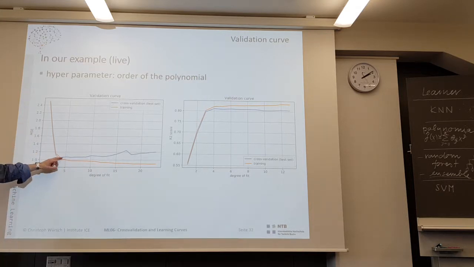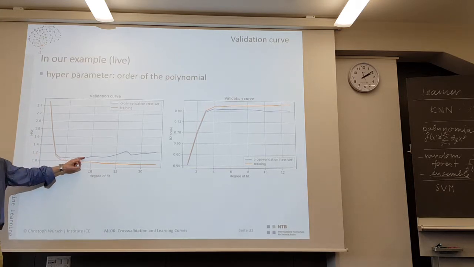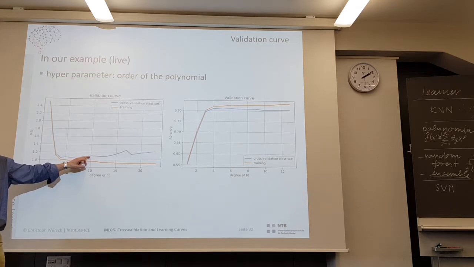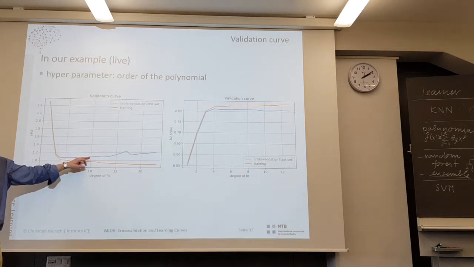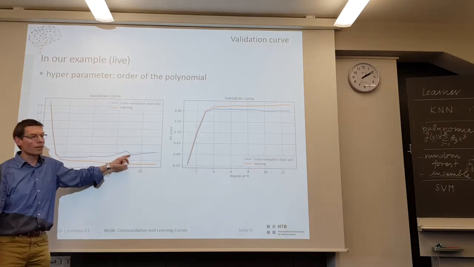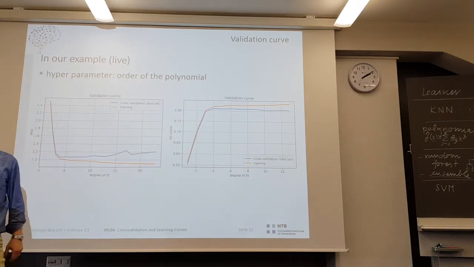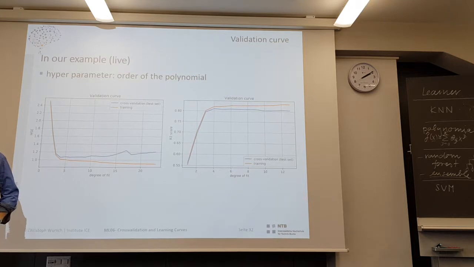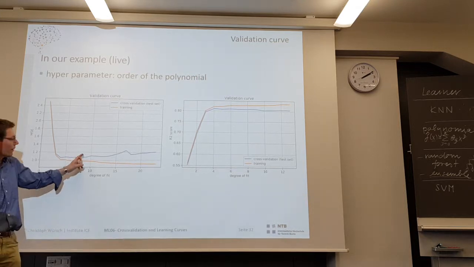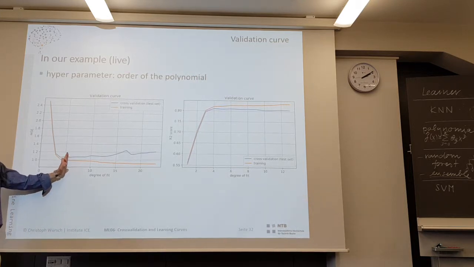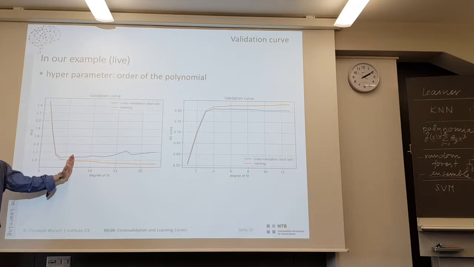But at some point here, you see that now the validation error, the cross-validated error goes up. And you lose again, because the variance gets bigger. The variance part of this error gets bigger and bigger and bigger. It's overfitting here. I would stop somewhere here, about 5, 6, for example. And then you would say, this is probably the best parameter that I can get for a polynomial feature.